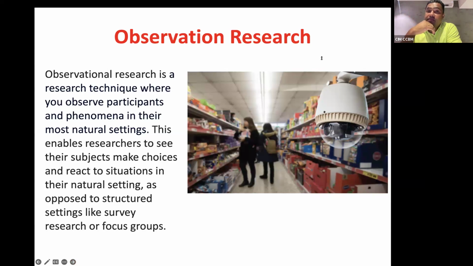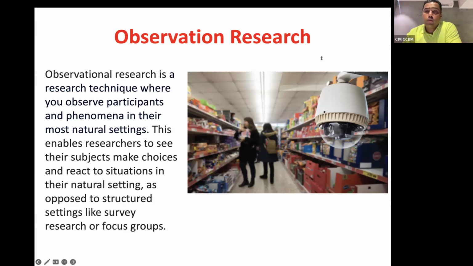So now observation research can take place in a supermarket. It can take place where a researcher can use a CCTV and observe, like you can see here, customer behavior, right? Why does the customer always travel to the left in a supermarket and not go to the right? When you enter a supermarket, customers are always going to the left.